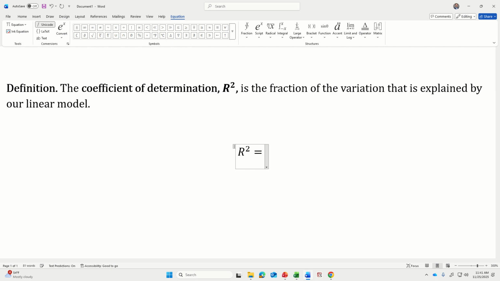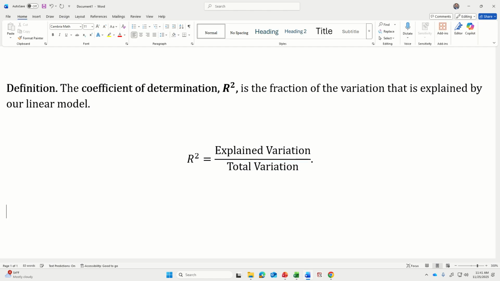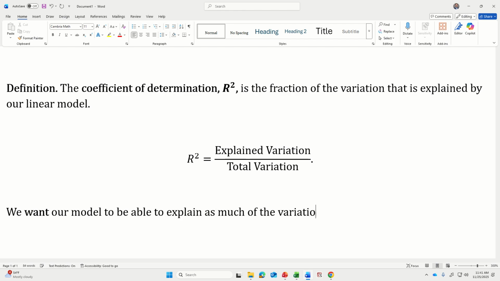So r squared is going to be the ratio of explained variation to total variation. And we want our model to be able to explain as much of the variation as possible.